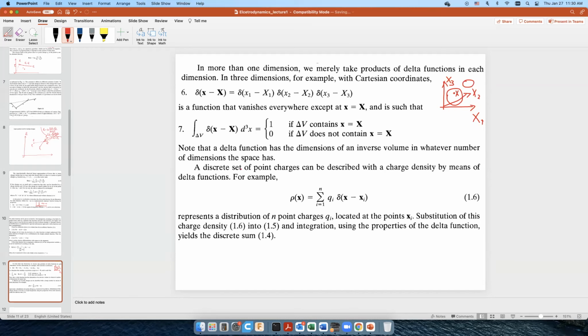And a discrete set of point charges can be described with a charge density by means of the delta function.